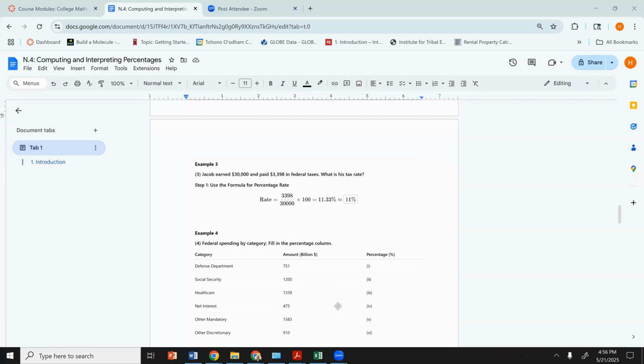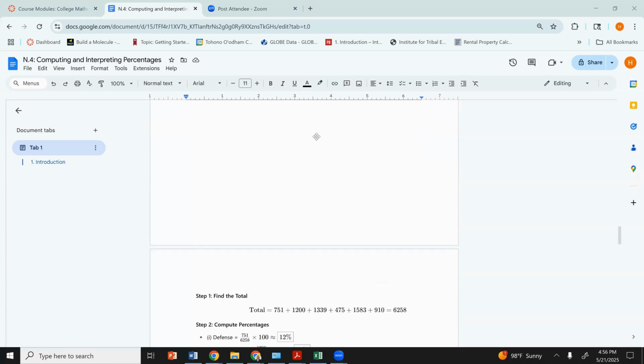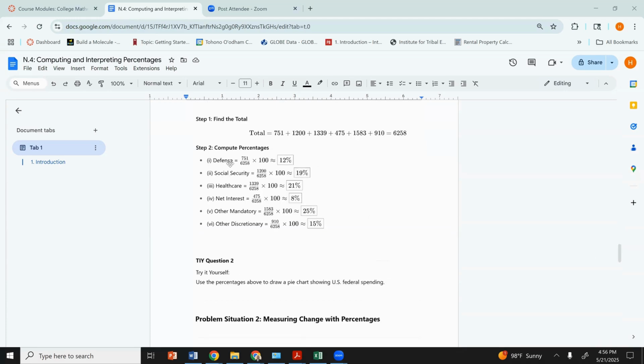You have net interest. So that net interest will also have to be divided by the total, 6258, times 100, and you're going to have some percentage here. So basically what I'm describing on this table is what you have right here. So we're dividing everything by 6258 times 100. So the difference is 12%. Social Security 12 divided by that.